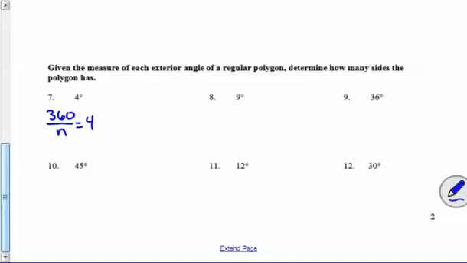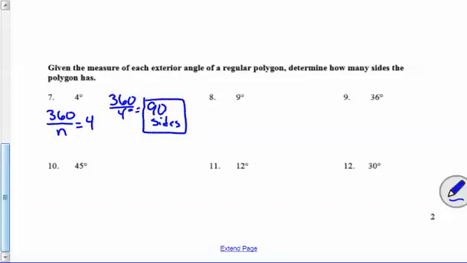So if I set up that equation, I could solve this equation by switching the n and the 4. So I'd have 360 divided by 4 degrees, which would give me 90 sides.